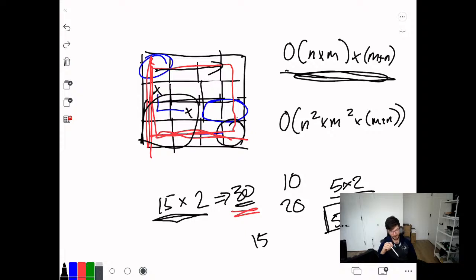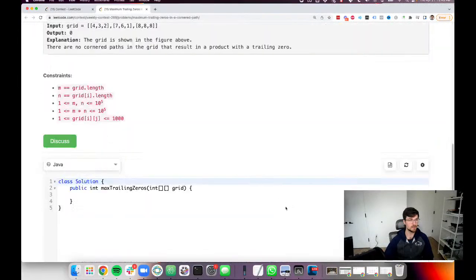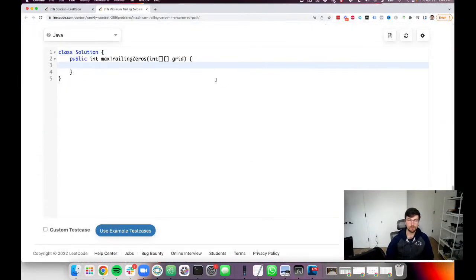Let's implement this, and I'm going to implement this first without doing anything fancy trying to compute the number of zeros. I'm just going to multiply it through everything. I'll break that out into a separate function so that we can experiment with it later. But for the moment, let's just try coding up this iteration.